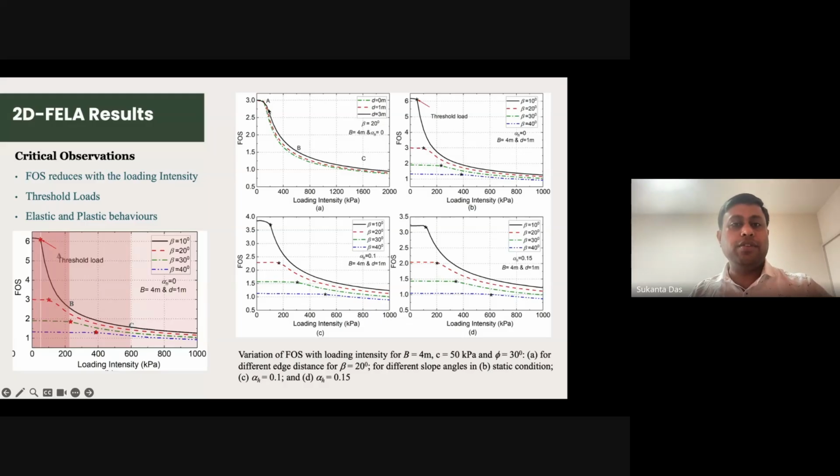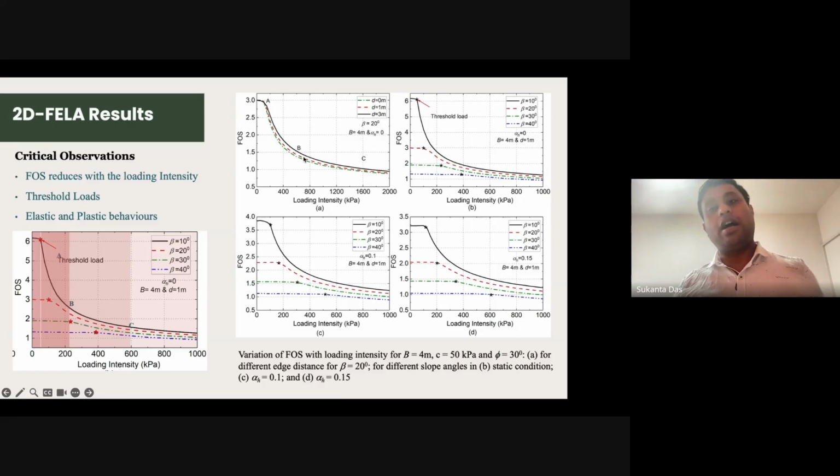But if you increase the load, then there is some change. If D is 3 meter, the factor of safety is going to be higher if you keep the distance high.